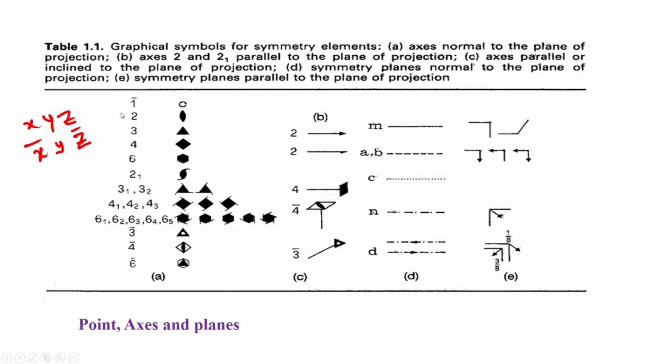So, the 2-fold symmetry axis, which is represented by this symbol, will take any point x, y, z in space and take it to minus x, y, minus z if it is a 3-dimensional space. And then we see that this 2-fold symmetry operation can be repeated on minus x, y, minus z to get back x, y, z.